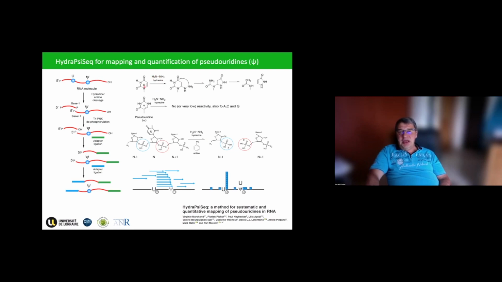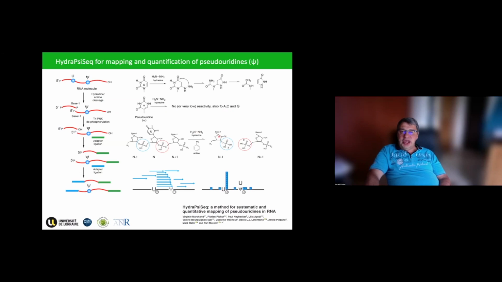So hydrazine cleaves uridines rather efficiently, but pseudouridines are resistant to hydrazine cleavage at these conditions, and their reactivity is roughly identical to A, C, and G nucleotides here.